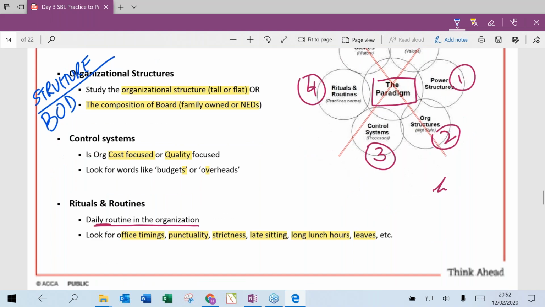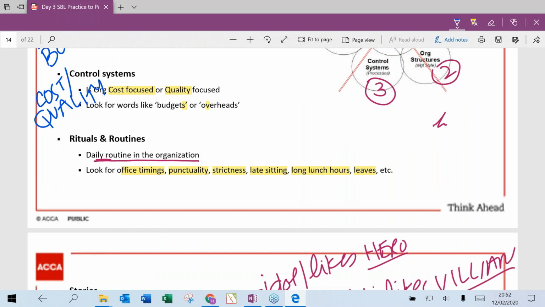Control systems, we look at whether it is cost focused or quality focused. Rituals and routines, we look at the daily activities, the daily routines of that place, like timings and punctualities, late sitting, long hours. That's a thing which examiners commonly use.